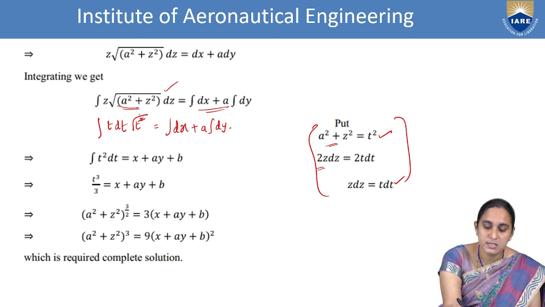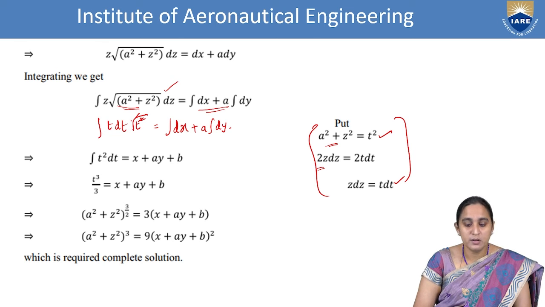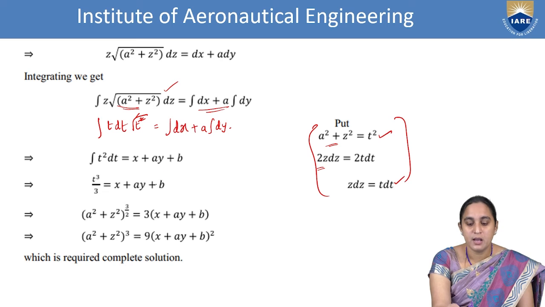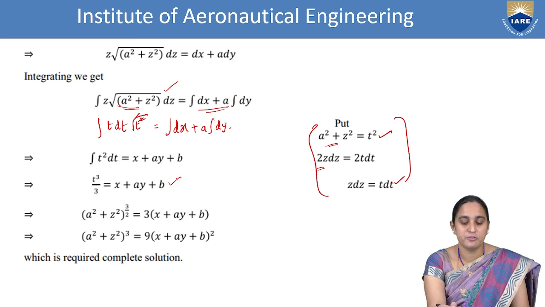But root t square means the square and root cancel, that is t into t, integration of t square into dt, is equal to integration of dx plus a into integration of dy. Then the next step, integration of t square is t cube by 3. That is equal to integration of dx, which is x, plus integration of dy, which is y, with a as constant. I'm taking the constant as plus b.